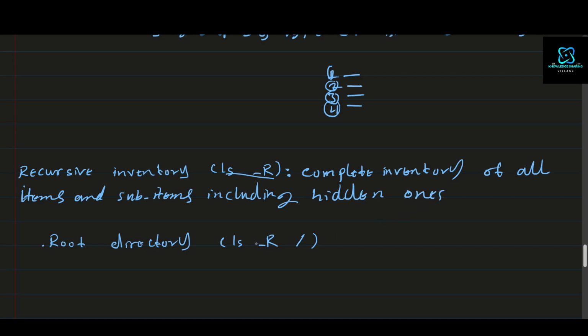For example, if you want to know everything that is in your warehouse, we can use or execute this. This represents the root directory. It is a shortcut for that, and you can execute it in the root directory with this option.